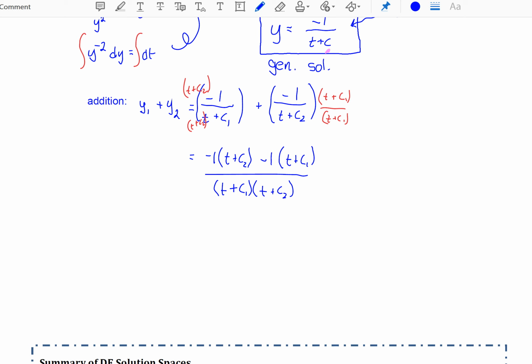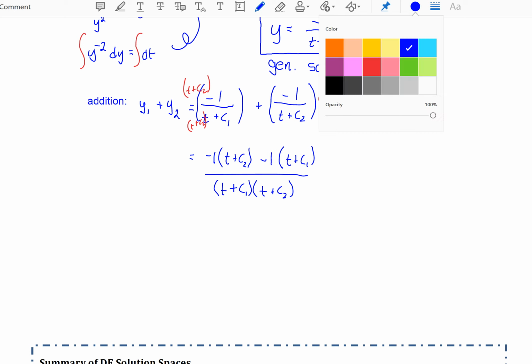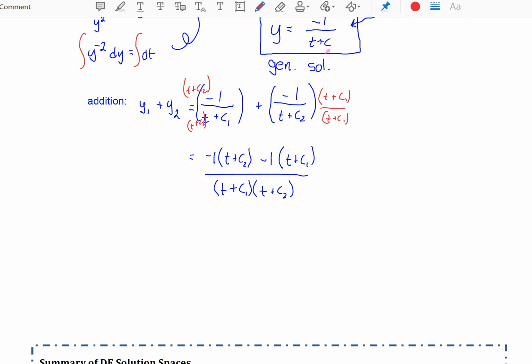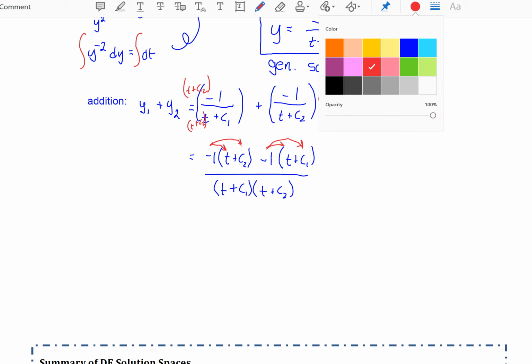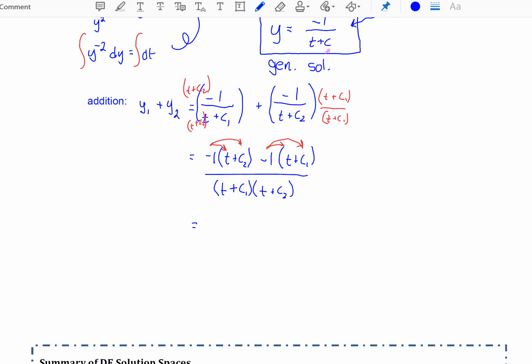And I'll do a little bit of simplifying here. Maybe we could distribute these -1s into the parentheses and combine like terms. I think I'd get -2t minus c2 minus c1 all over our common denominator.